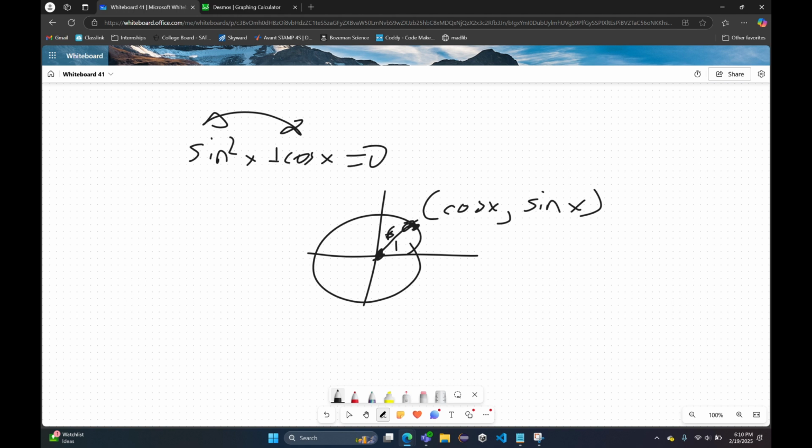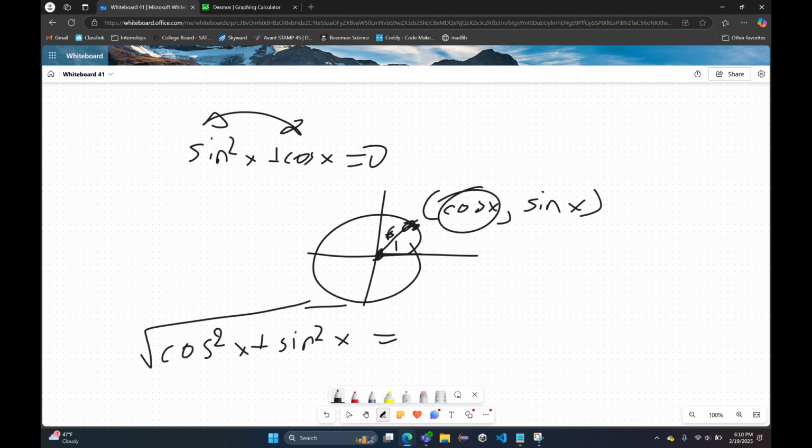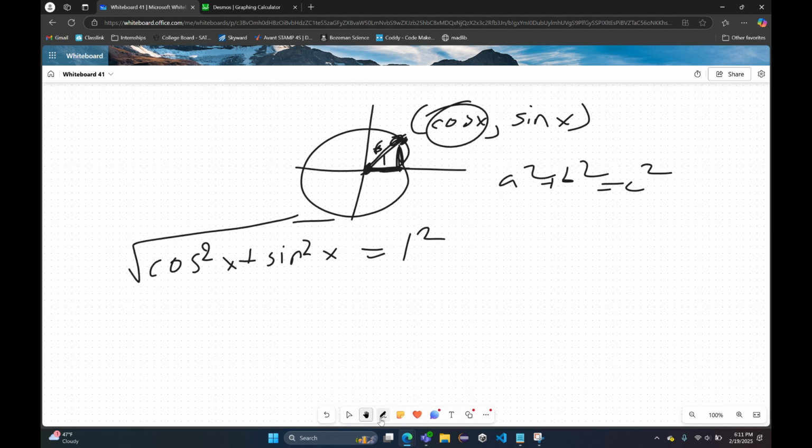All right, now how do we find distance? Well, distance is just going to be the square root of x squared, cosine squared of x, plus y squared, sine squared of x. And that's, again, basically just the Pythagorean theorem. We're using the base and the height, a squared plus b squared equals c squared, to find the hypotenuse, which is just going to be 1.